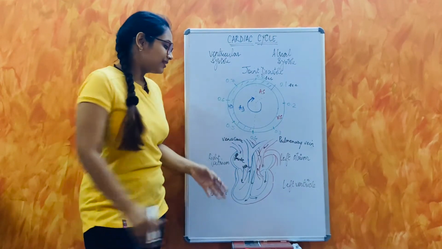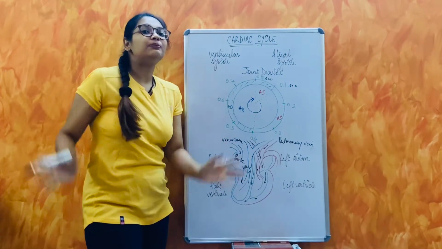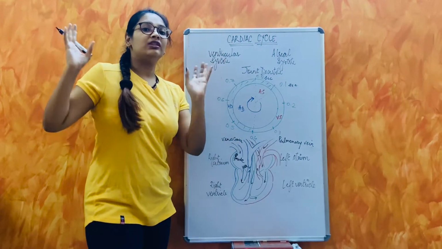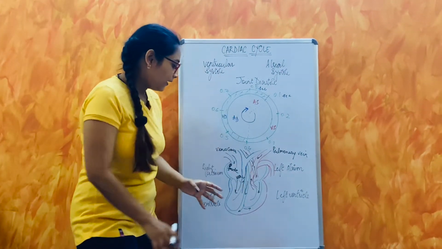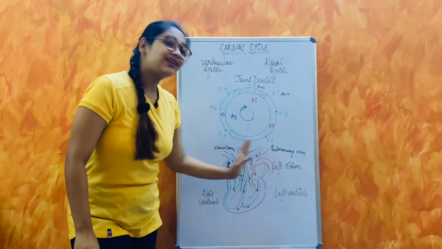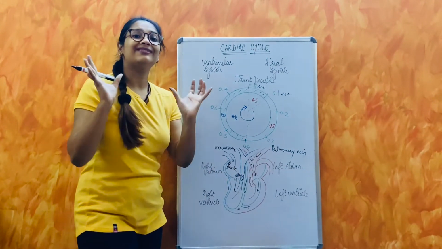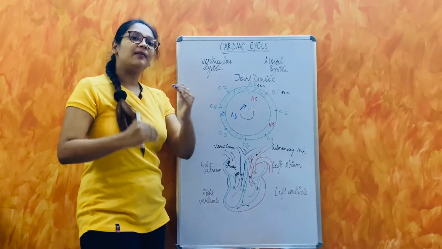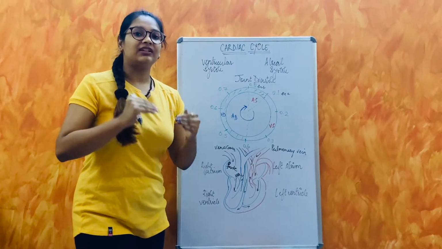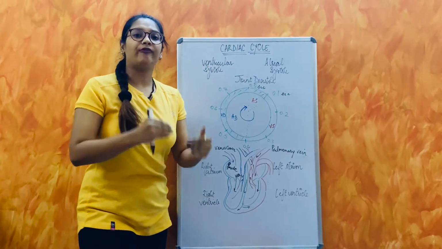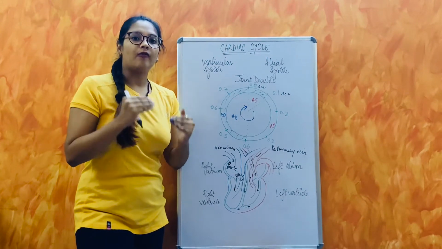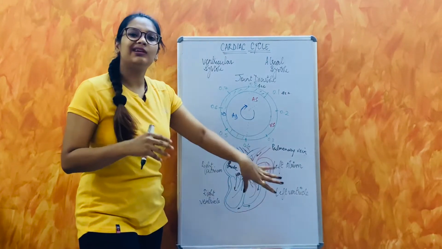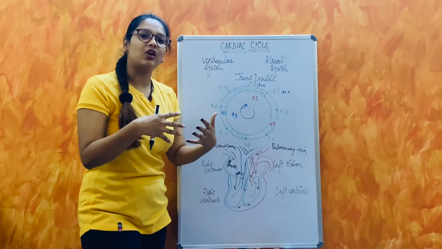So this potential is basically spreading all throughout the cardiac muscles, so that they can contract evenly together at proper intervals, so that there is no obstruction of the flow of the blood due to irregular contraction.